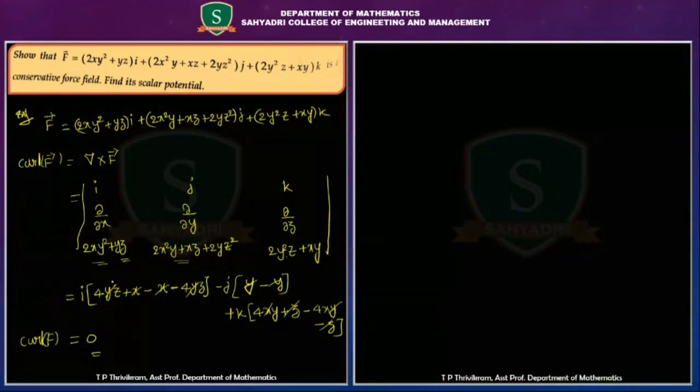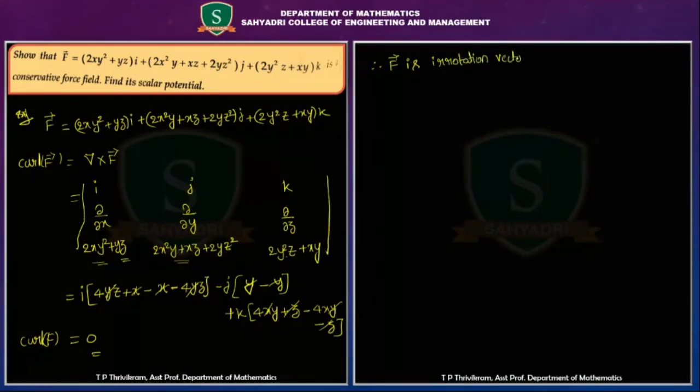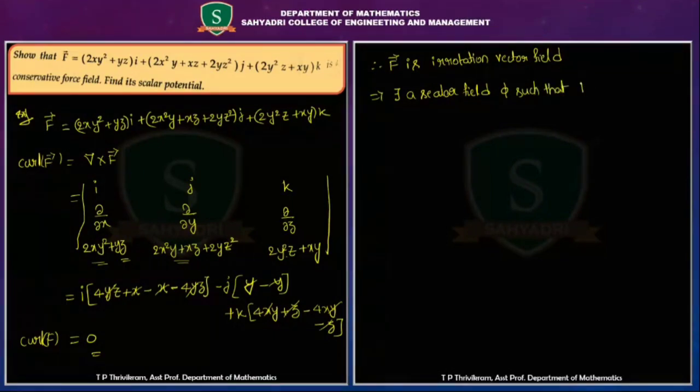So if curl f is 0, then we need to find scalar potential. Okay. So therefore vector f is irrotational vector field, which implies there exists a scalar field phi such that f is equal to del phi.